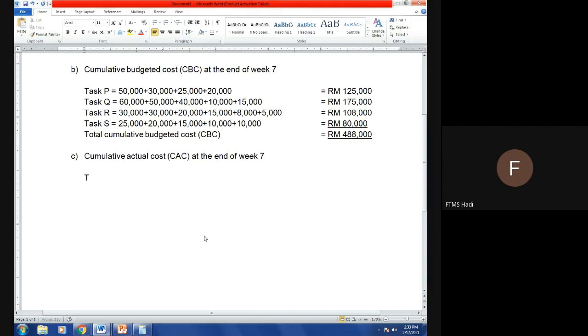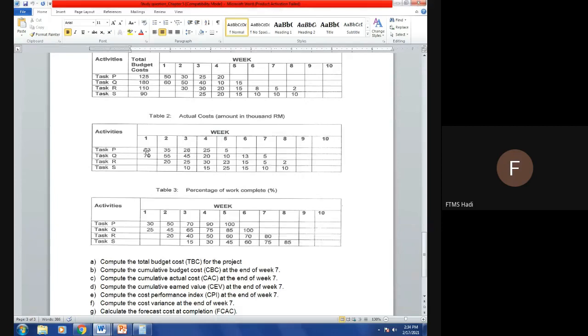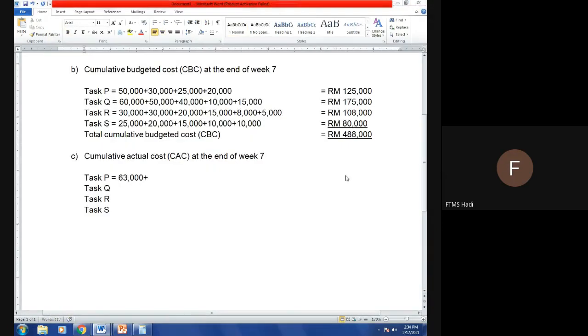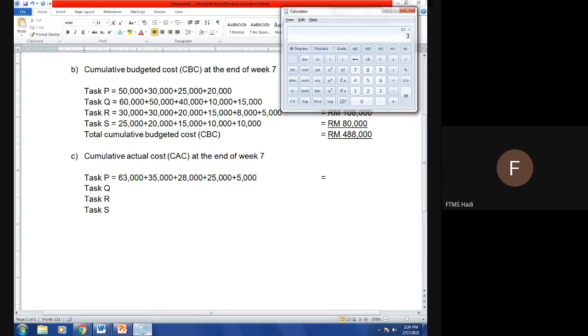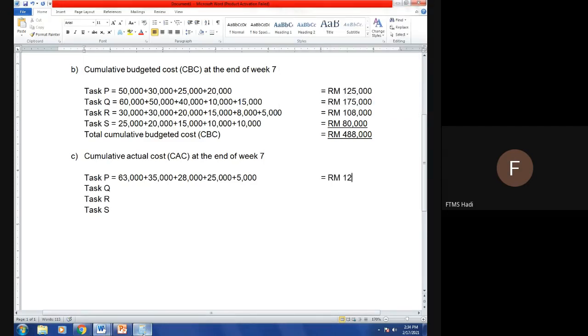As usual, task P, task Q, task R, task S. For task P, amount in thousands: 63,000 plus 35,000 plus 28,000 plus 25,000 plus 5,000. So 63 plus 35 plus 28 plus 25 plus 5, you got 156,000.